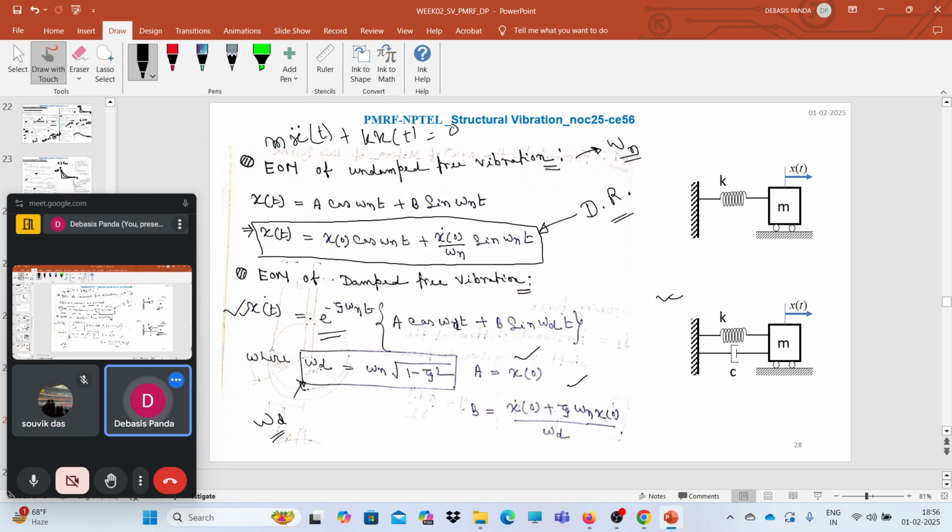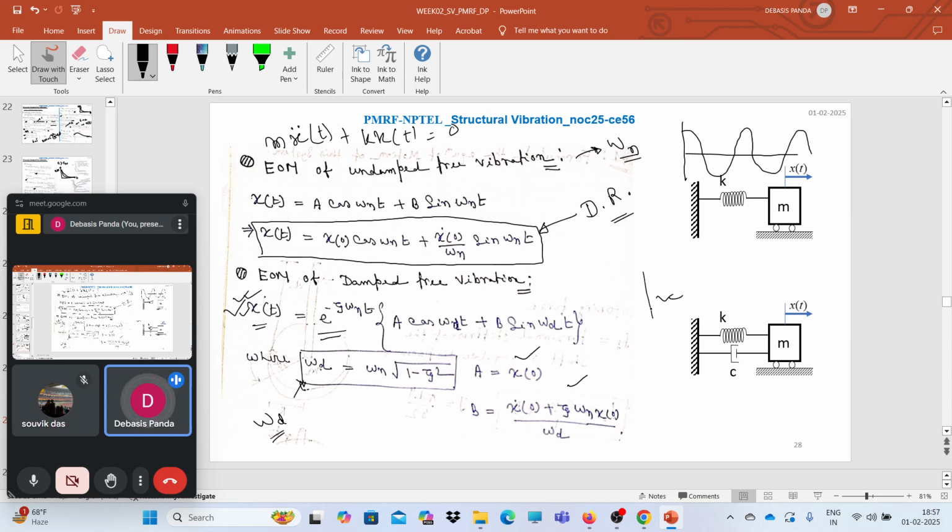For the damped free vibration case, precisely the underdamped system, we get the displacement response using this equation. For the undamped case, if we provide some initial displacement and leave it to vibrate, it will vibrate like this. The amplitude will not diminish.